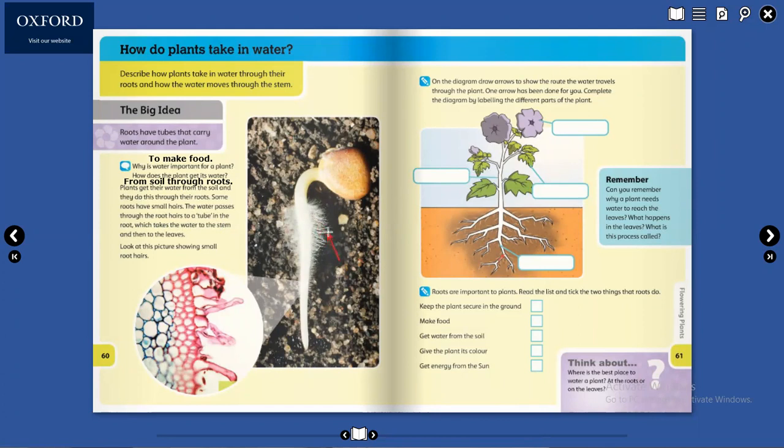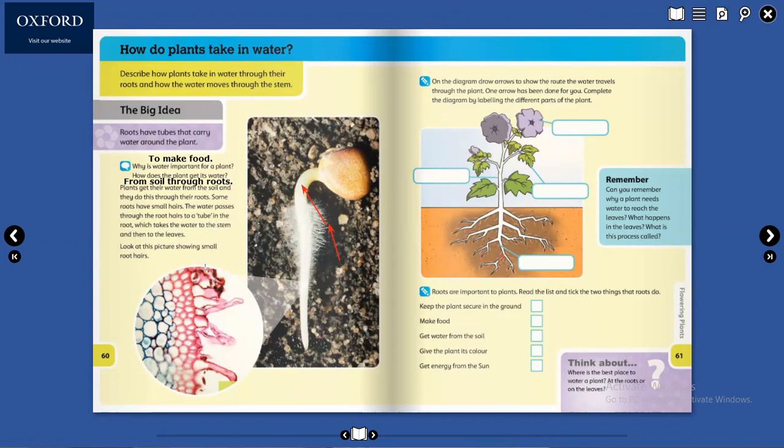So the water comes from the soil, enters from the root hairs, and then this is the tube in which they will take water up through the tubes in the root, which takes the water to the stem and then to the leaves.